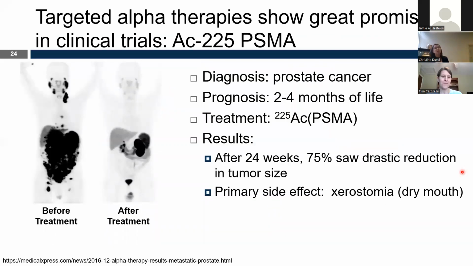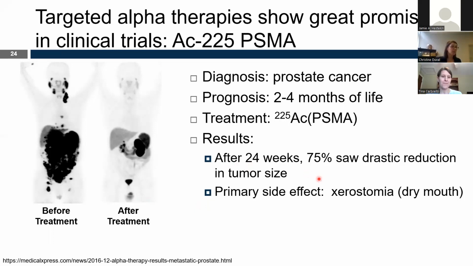So these drugs have shown great promise in clinical trials. So actinium-225 PSMA, this is one of the most heavily studied ones, and I think the one that is closest to commercial viability. So what you can see on the left is a scan of a patient before treatment. You can see that cancer, those dark spots have metastasized and really spread throughout the body. After treatment, you can see an incredible reduction in those tumors, right? And that is because of this localized action of the targeted alpha therapy.